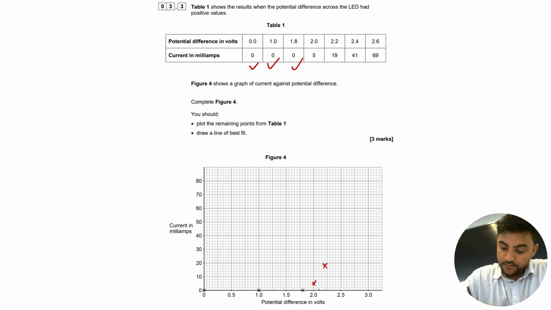Next, 2.4, all the way up to 41. Then 2.5, 2.6, all the way up to 69.